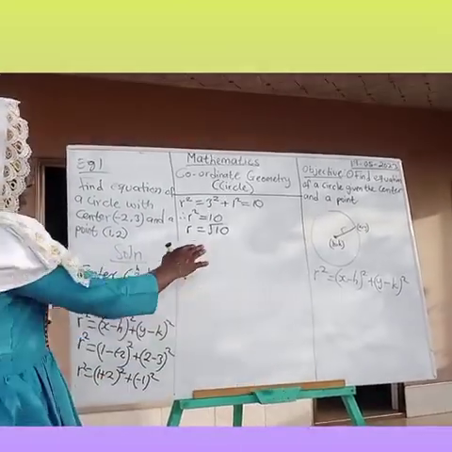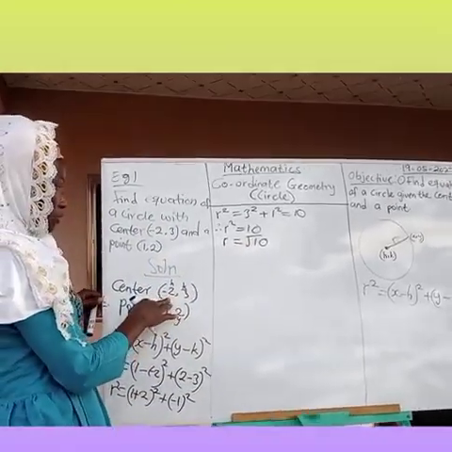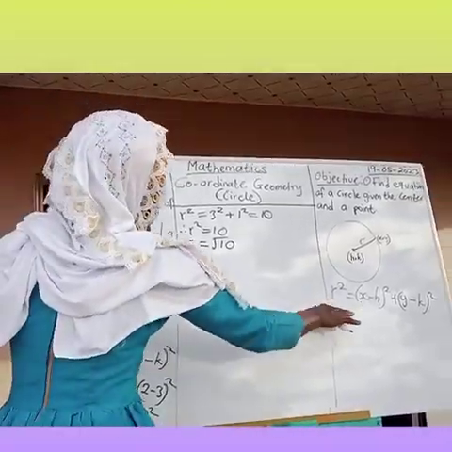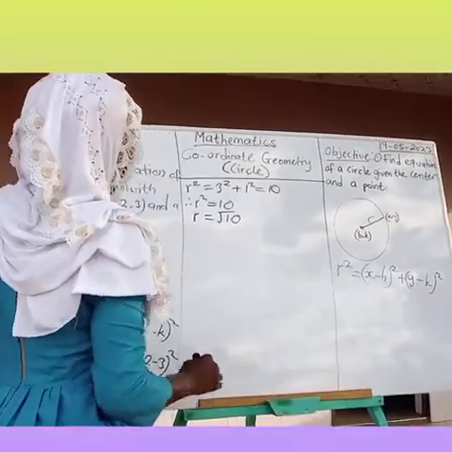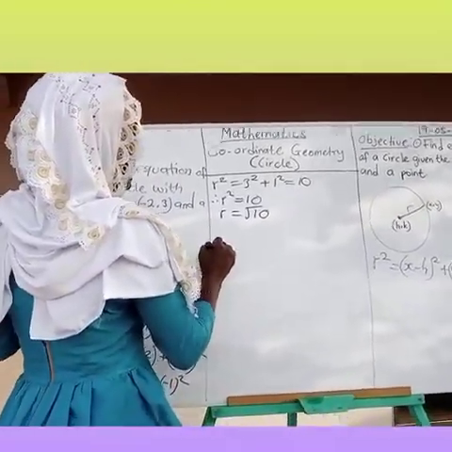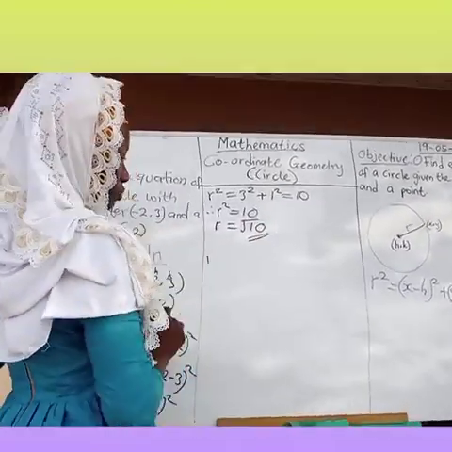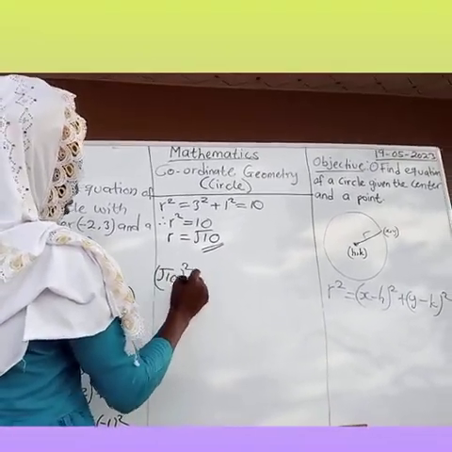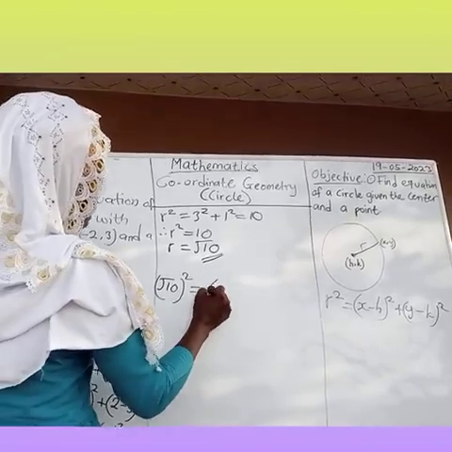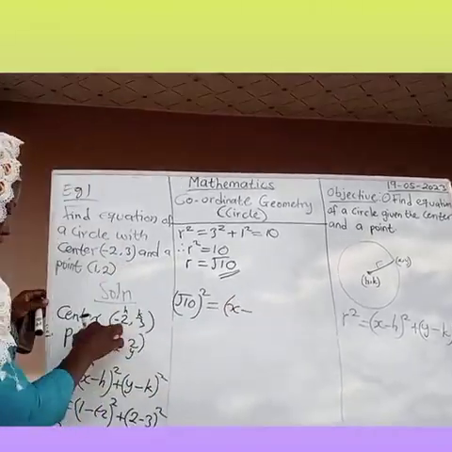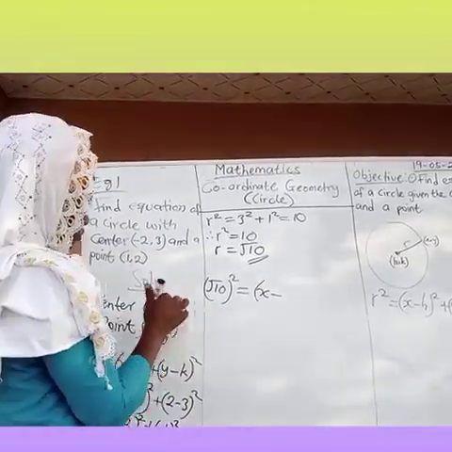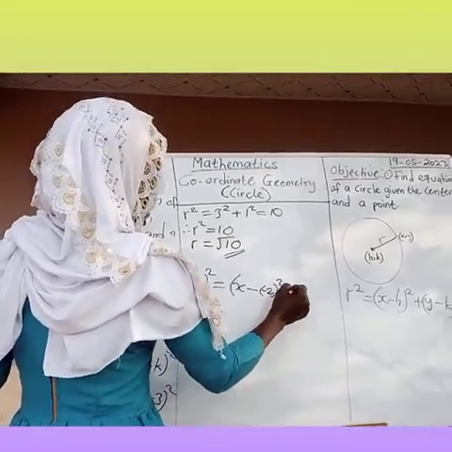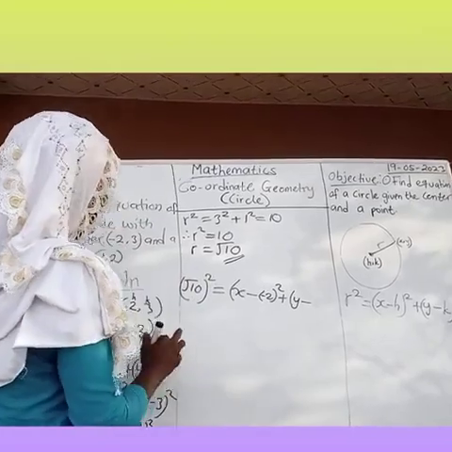Now that we have our radius and we know the center, it is easy to get the equation of a circle by substituting into the standard form. So we have r squared, and our r is root 10. So root 10 all squared is equal to (x minus h) squared, and our h from the center is -2, plus (y minus k) squared, where k is 3.